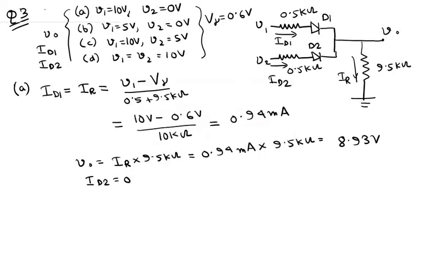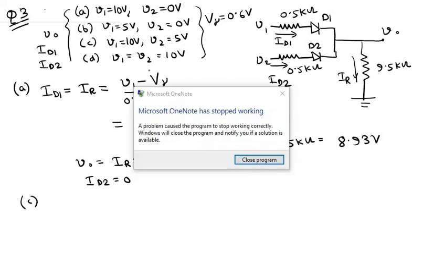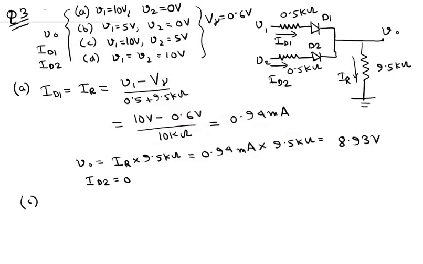Now part C is actually a bit tricky, in the sense that it is given that V1 is 10 volts and V2 is 5 volts. So here we are actually sure that since V1 is 10 volts, V2 is 5 volts, and this point is grounded over here. So this means that V0 must have some value between 0 volts and 10 volts, but we do not know the exact value right now.